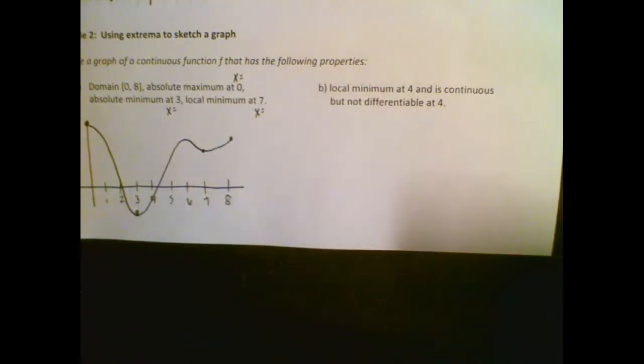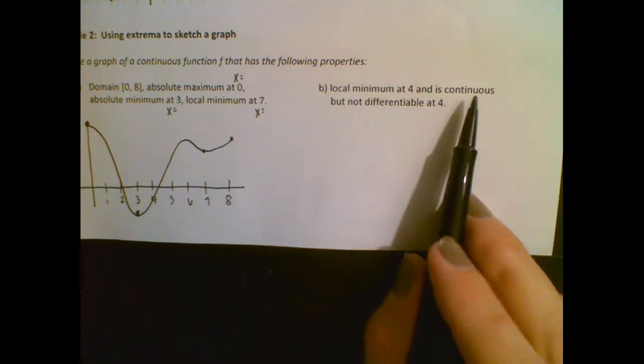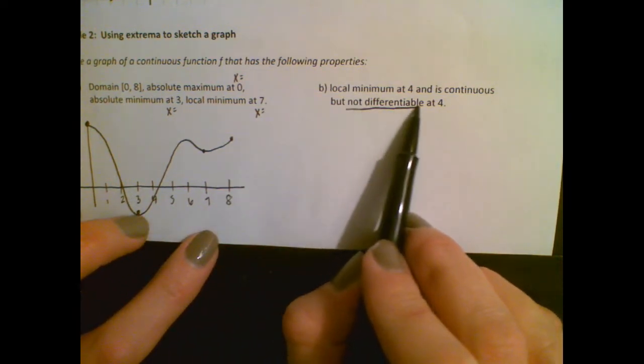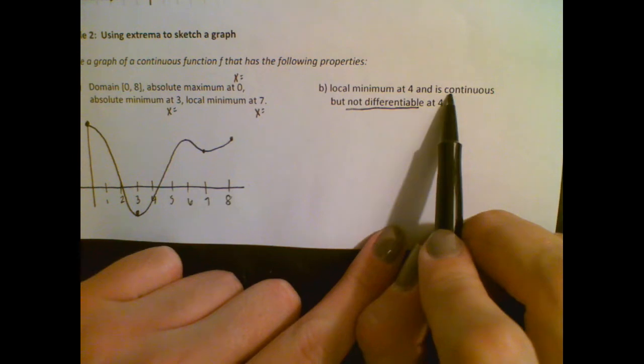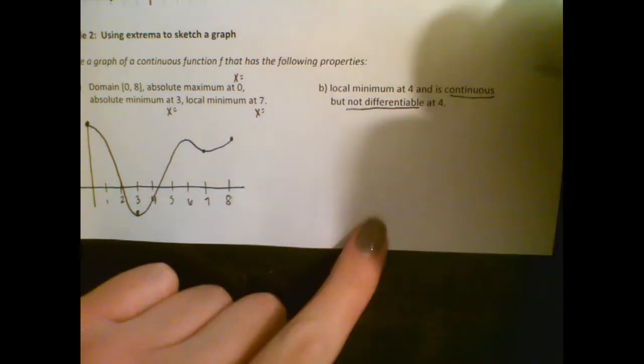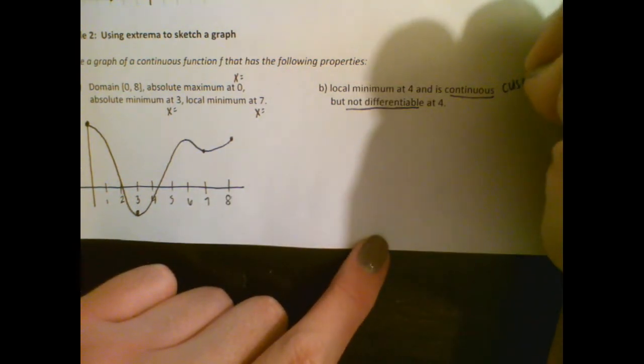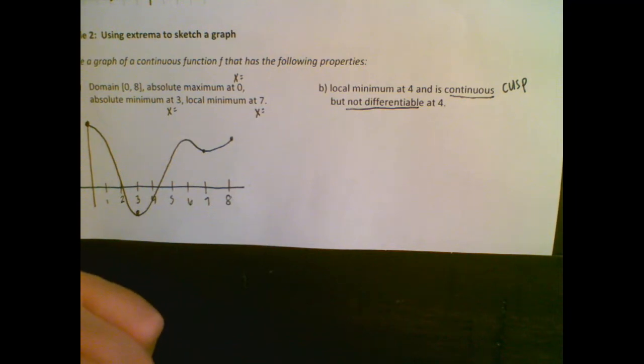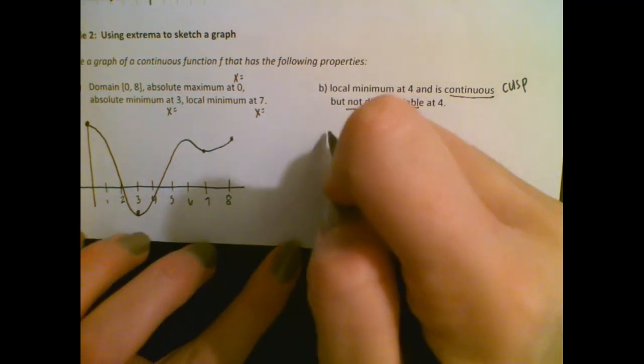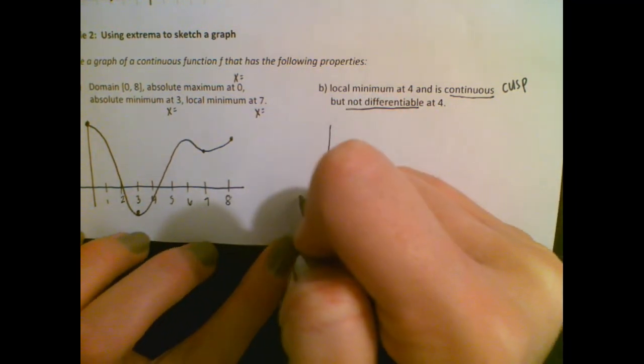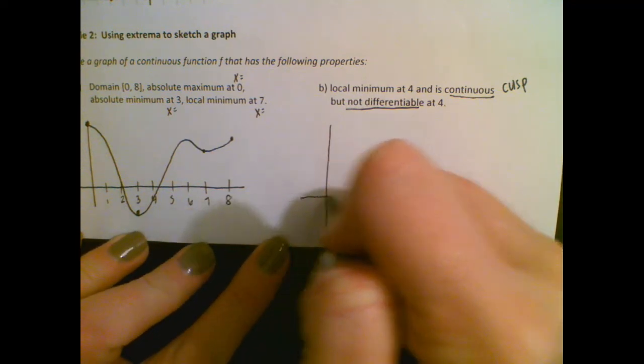And then another example, we want to do a local minimum at 4 and is continuous but not differentiable at 4. So continuous and not differentiable, I would probably say that there might be a cusp or a corner here. So again, I'll sketch myself out a little coordinate plane here.